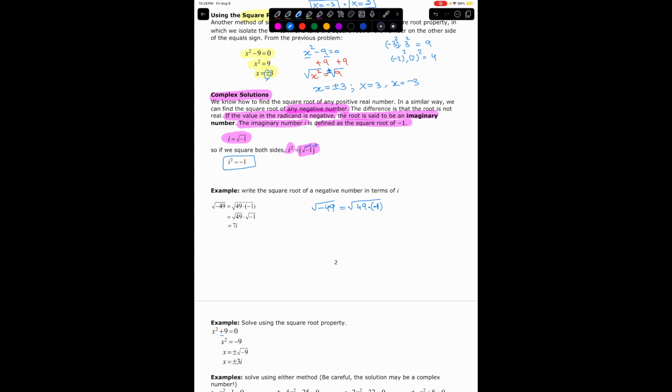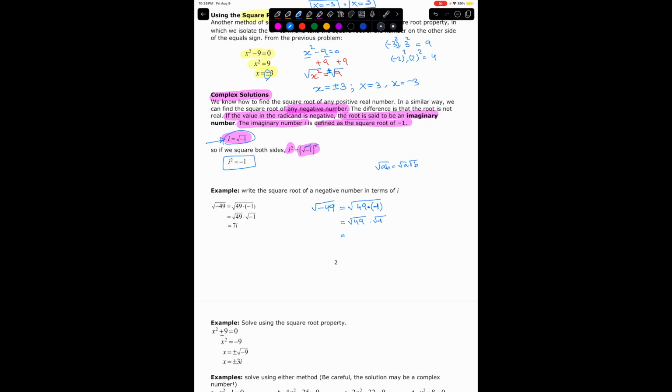And then we know that the radical can be split when it comes to multiplication. So square root of AB is the same as square root of A times square root of B. We know that as a fact. So we're going to split square root of 49 times the square root of -1. We know what the square root of -1 is because mathematicians had defined that.